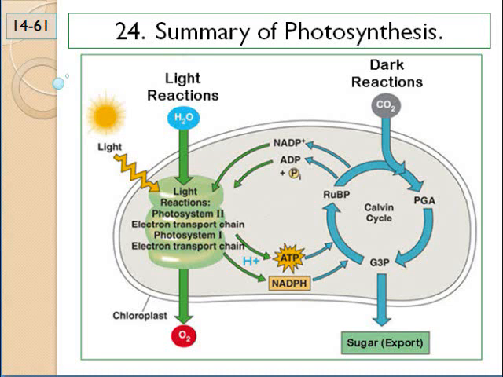inside it. This is a chloroplast. Okay. That's the chloroplast. The green looking things are the thylakoids. Something happens in the thylakoids, and this out here is the stroma.